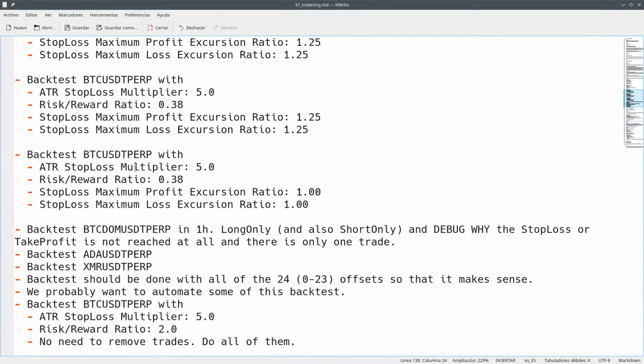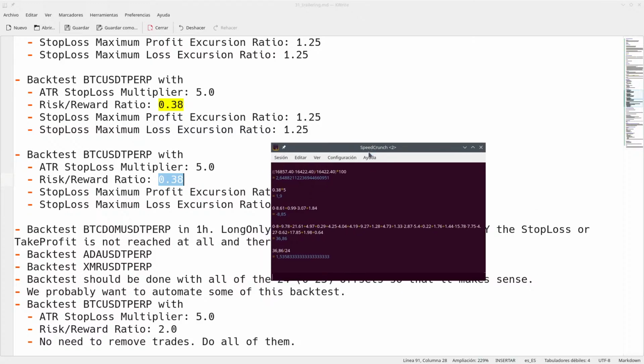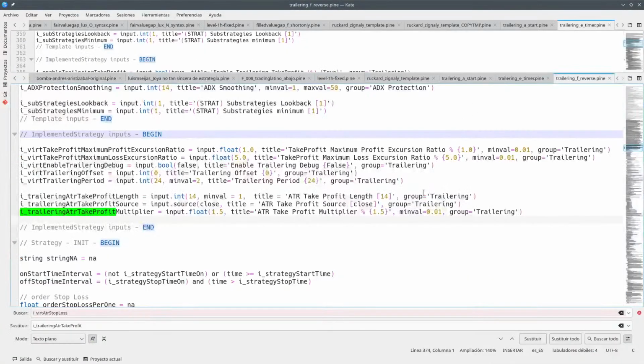Here, ATR stop loss multiplier 5, with risk reward ratio 0.38. This is what we want to use. So if you are good enough with math, you can say that this is 1.9. So 1.9 take profit in order to start, a good value for this trailering strategy. Okay.